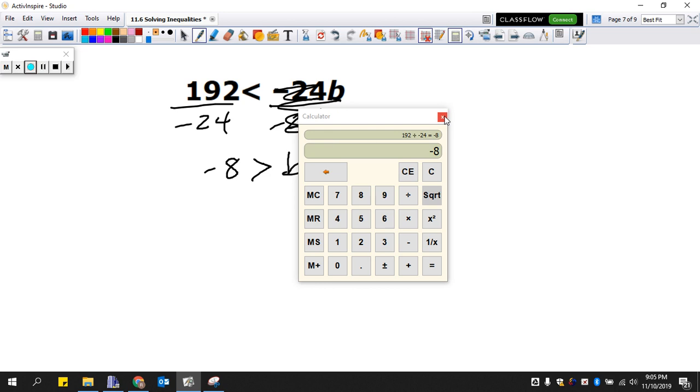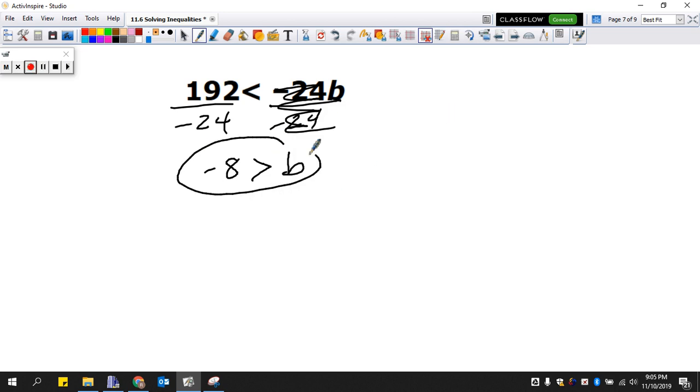If you want to flip around to where the variable comes first, we can do that, and say b and negative 8. But then we have to flip the inequality symbol again. I always say if the small end is towards the variable, then the small end has to continue to stay towards the variable. The relationship still has to stay the same.